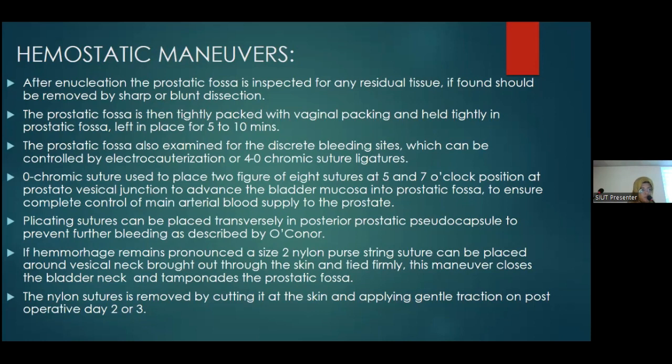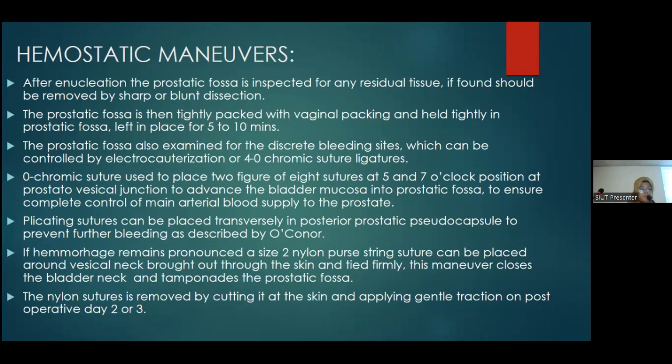After the enucleation of the prostate, the prostatic fossa is inspected for any residual tissue, which if found is removed by sharp or blunt dissection. The prostatic fossa is then tightly packed with vaginal packing and held tightly in the prostatic fossa for 5 to 10 minutes.